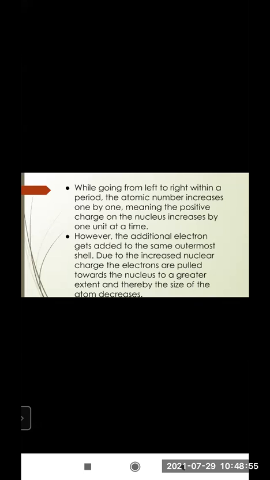Clear? Yesterday we saw that the atomic number increases by 1 unit as we move from left to right in a period. And it means the positive charge on the nucleus also increases by 1 unit at a time.